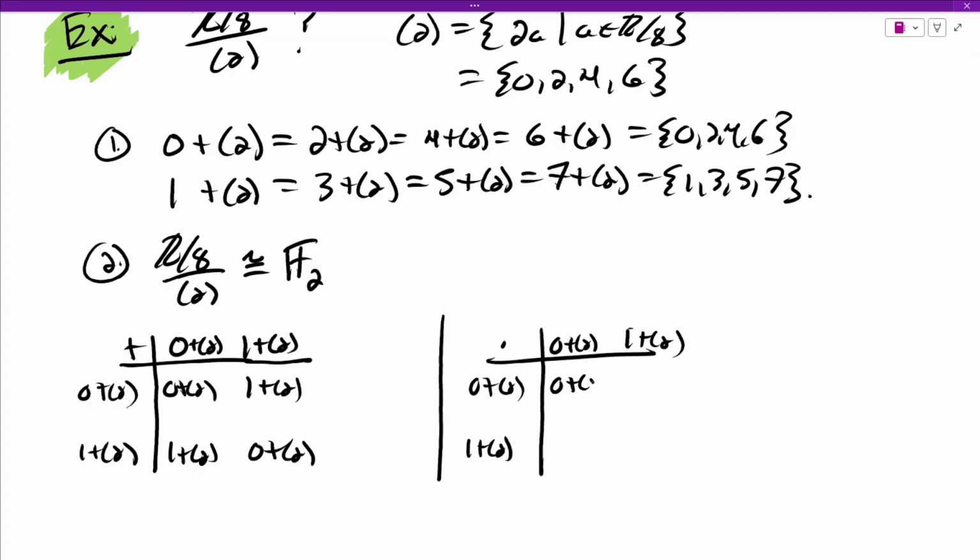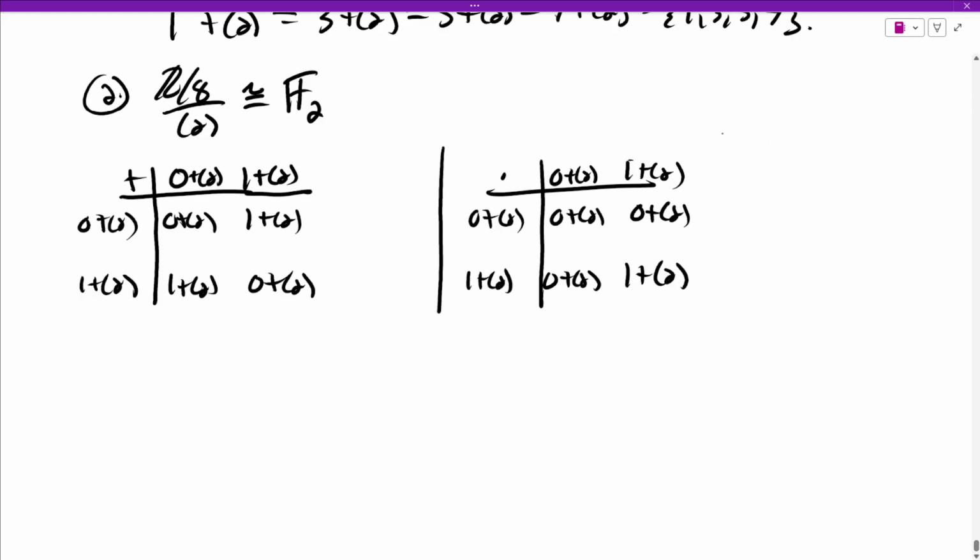And then here we'd get zeros everywhere, and then we get 1 in the last spot. 1 times 1 is 1.